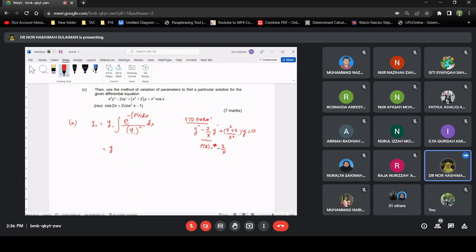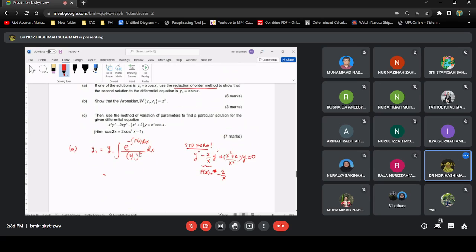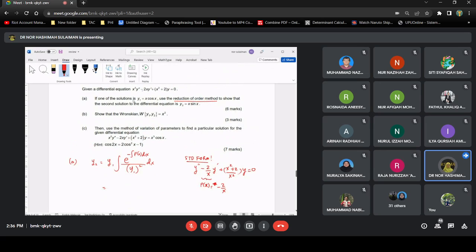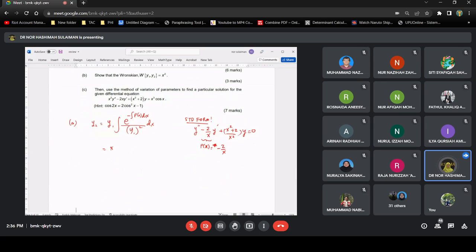You just replace the y1 with the given function, x cos x, right? So you have x cos x and the integration e to the power of. Nampak tak? The negative sign got cancelled out, right? This is what I meant just now. Kalau you terlupa, nanti akan dapat jawapan yang salah lah.